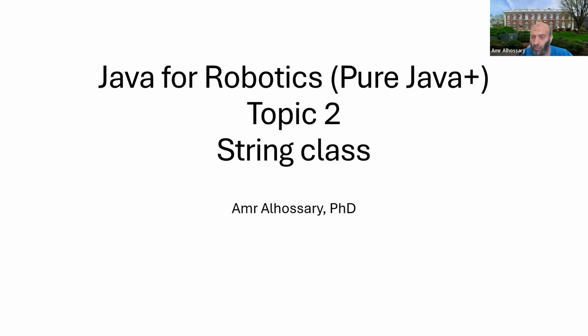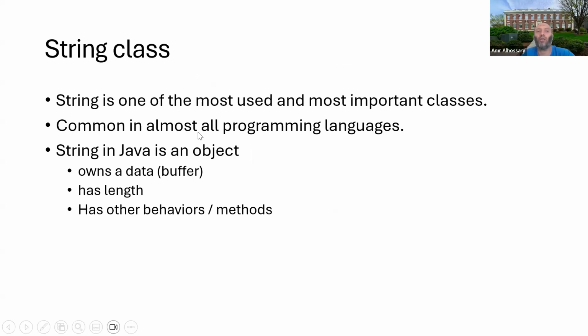Okay, today's topic is about the string class. String is one of the most used and the most important classes. It's available in almost all programming languages. A string in Java is an object.